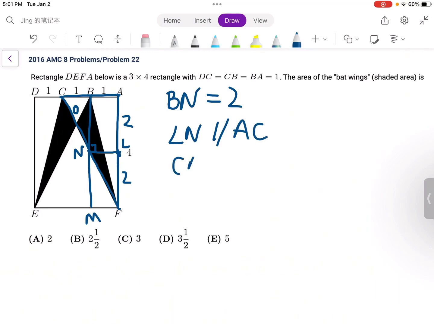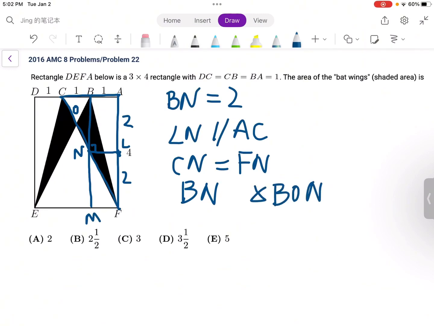So CN equals FN. And BN becomes the common bottom of triangle BON and the triangle BNF.